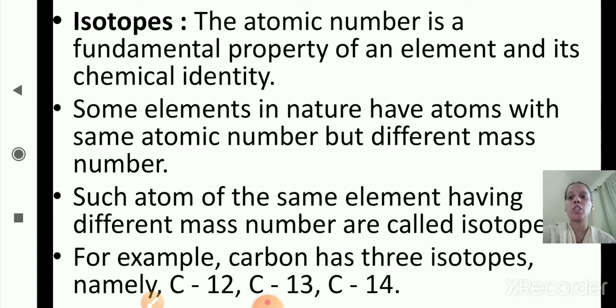In nature the elements having the same atomic number but different mass numbers are called isotopes. And one example is carbon, which has three isotopes, C12, C13 and C14.